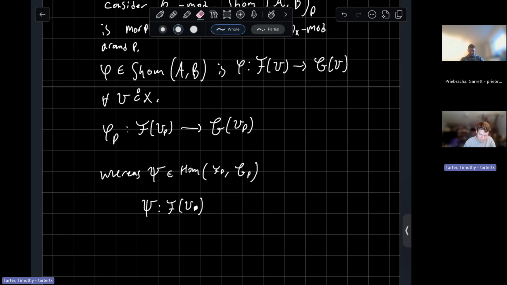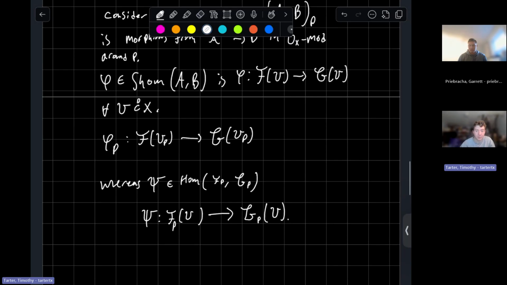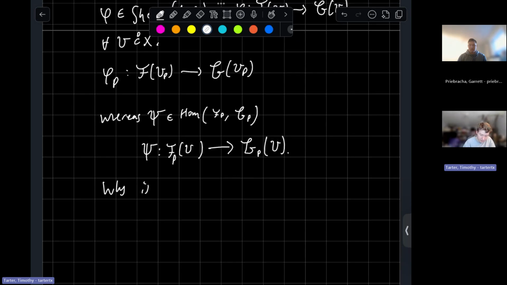And then this is where it's the localization of the sheaf to a stalk versus the localization of X to P. And then we just need to show that F(U)_P is not equal to F_P(U). So why is F(U)_P not the same as F_P(U)?